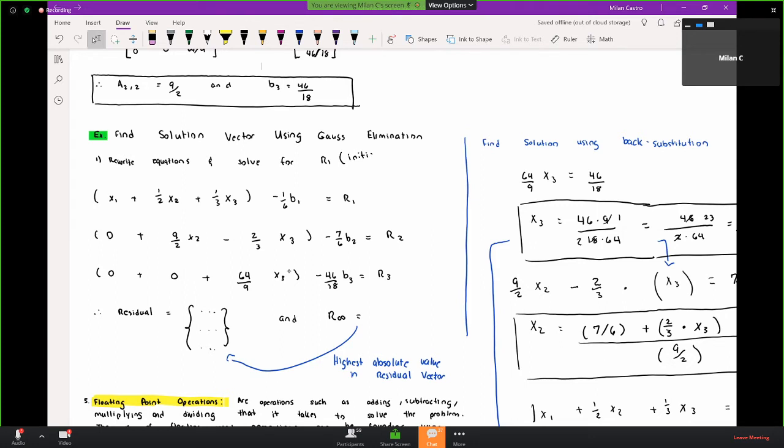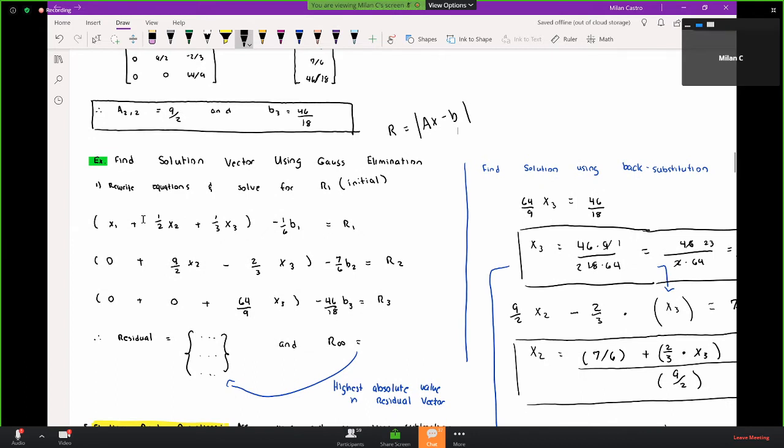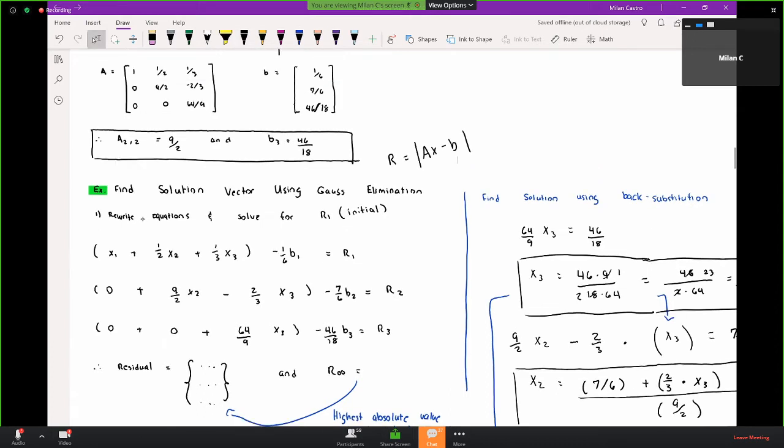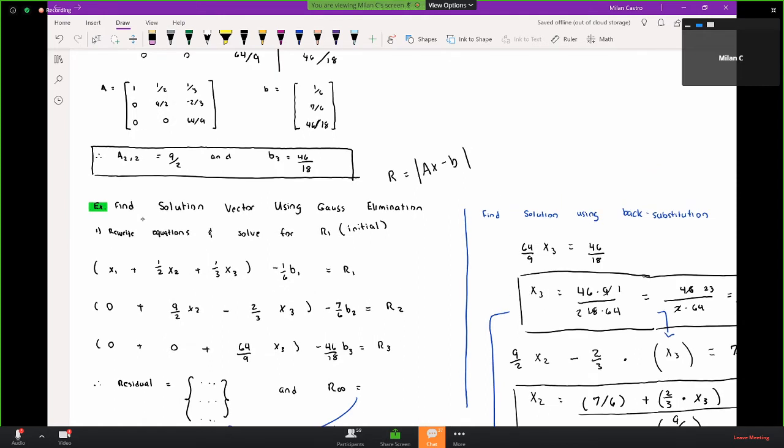All right, so the formula for the residual is R equals the absolute value of AX minus B. The first thing I recommend doing, just to make things simpler, is write your terms as a system of equations instead of matrix form. That way you can see exactly what you're multiplying. So I rewrote matrix A into its 3 independent equations.